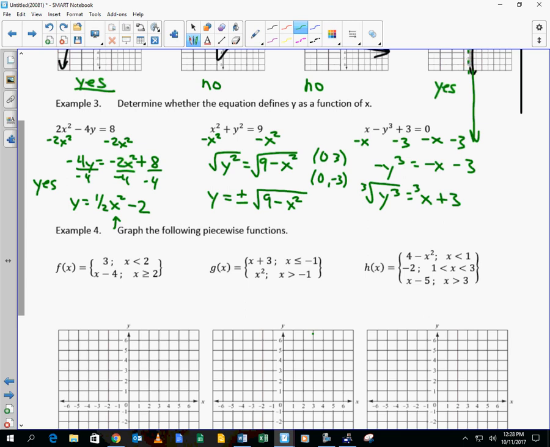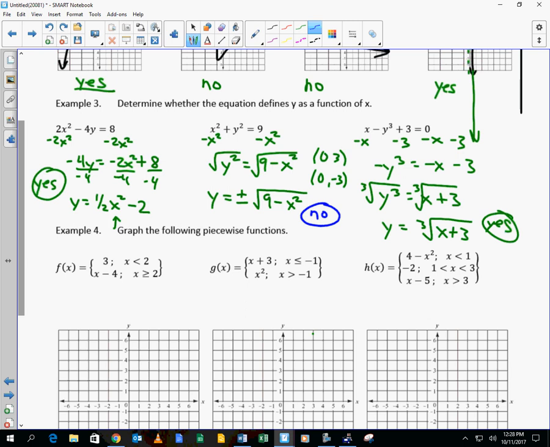And when we cube root something, we only come out with one result. For example, what's the cube root of 8? 2. You don't list negative 2 as well, right? So in this situation, we just have one solution. So yes, this is a function. Yes, that's a function. Whereas the middle one is not.